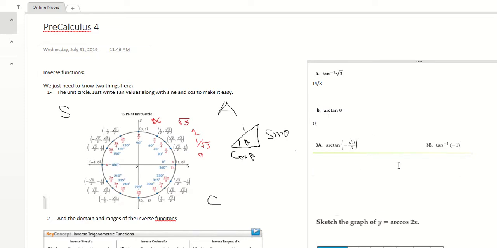Our tangent, square root 3 over 3, what is it? This one, 1 over square root of 3. Okay? So that is the lowest angle, right? Pi over 3, but it's negative, so it's negative pi over 3.